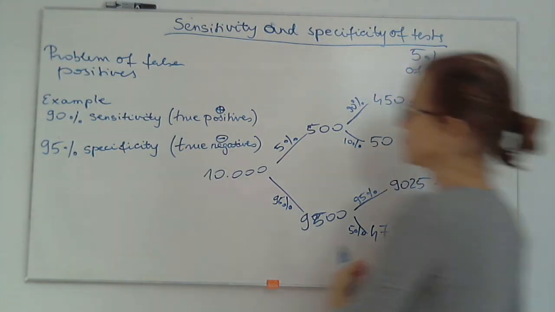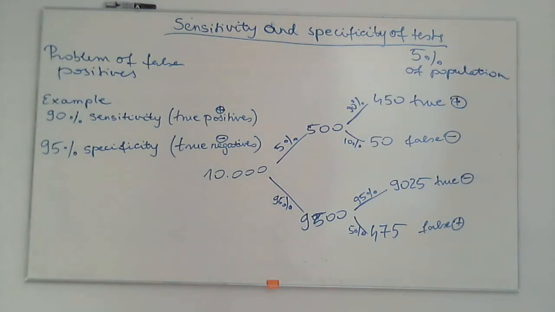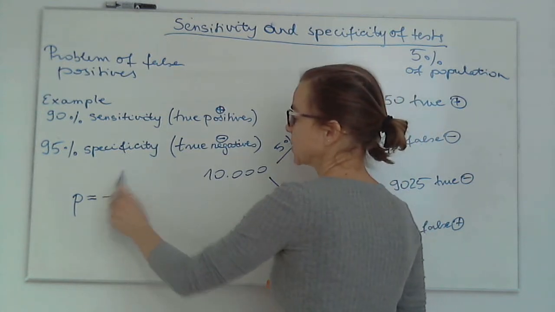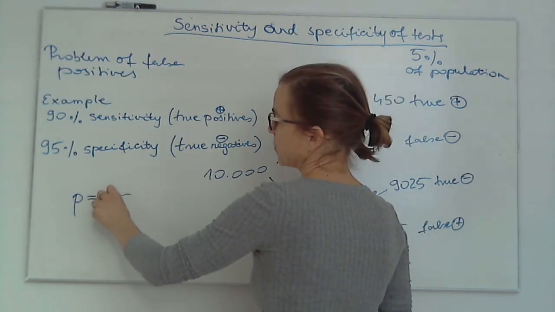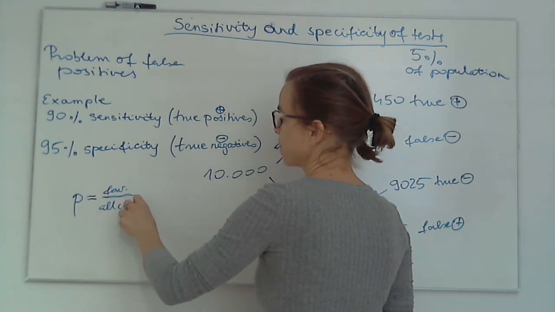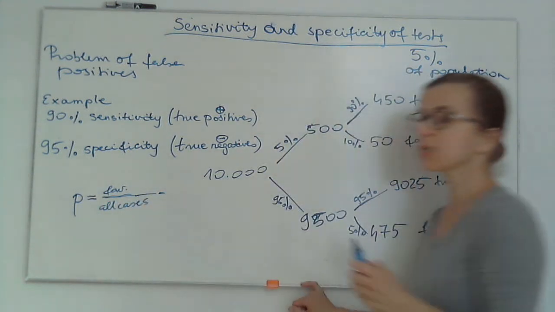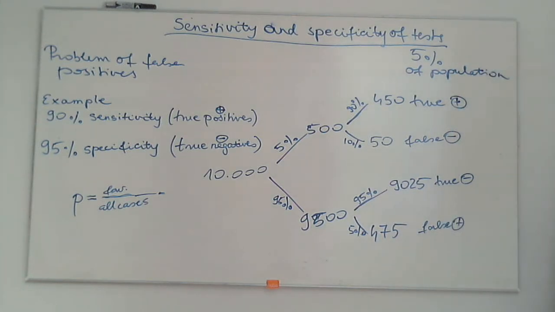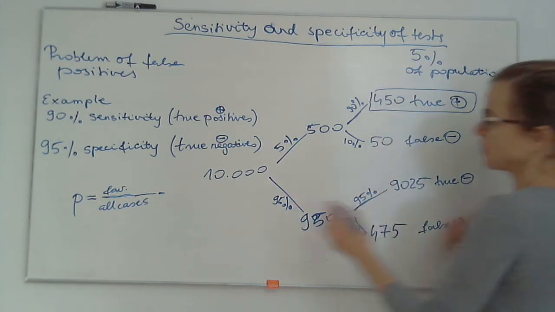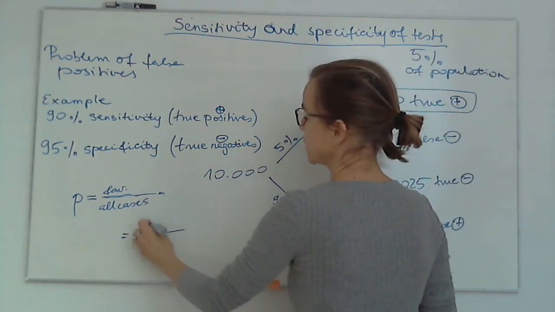Okay, so what's the relevance of all these numbers? I know that my test is positive, and I want to know what is the probability that I am truly infected. As we know from probability calculations, that is going to be the so-called favorable cases divided by all cases. In this particular case, the favorable ones are the true positives, because I want to know what are the chances that I am really ill.